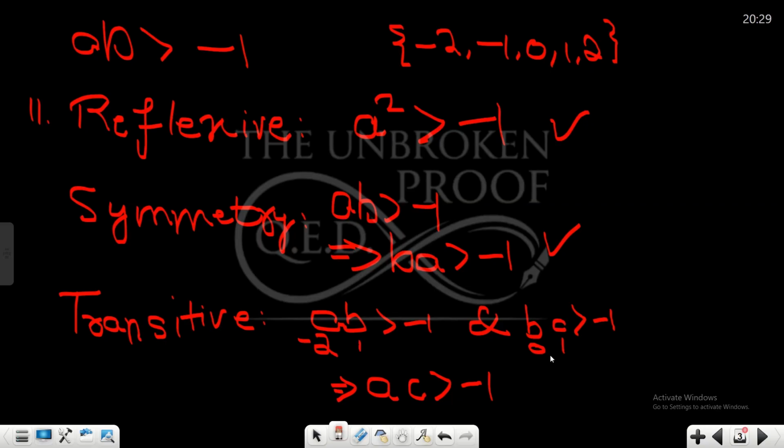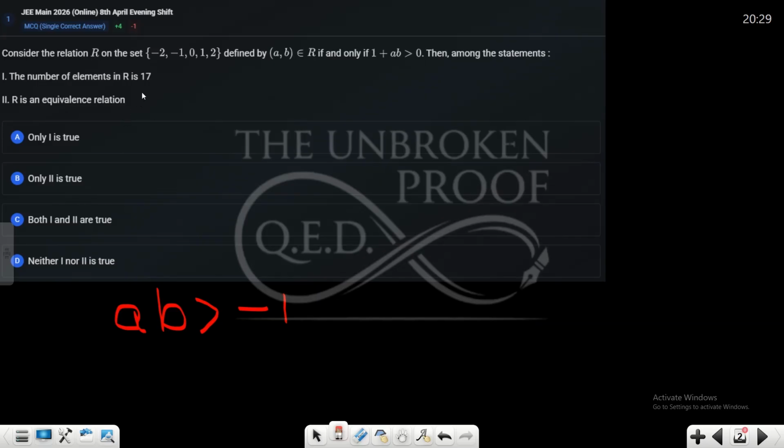Now if you see, ab = 0 is greater than -1, and bc = 0 is also greater than -1, but if you see ac, it is going to be -2, and -2 is definitely not greater than -1. So that's why this is not transitive, hence statement 2 is wrong.